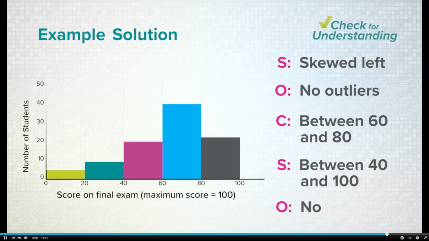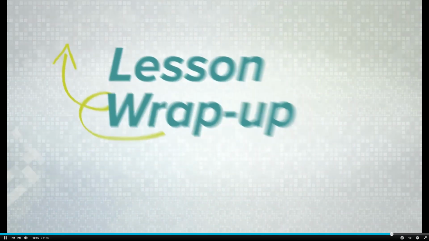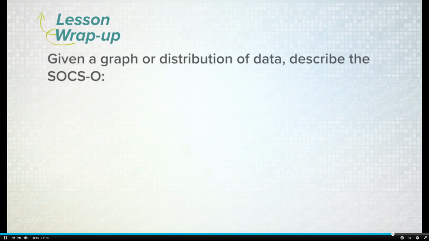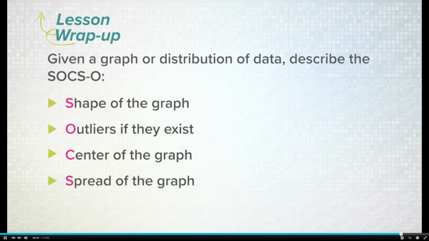As we come to a close, here's a wrap-up of what we covered. After this lesson, you should be able to do the following. Given a graph or distribution of data, describe the shape of the graph, determine if there are any outliers, find where the center of the graph is, calculate how spread everything is, and if there are any obvious features.